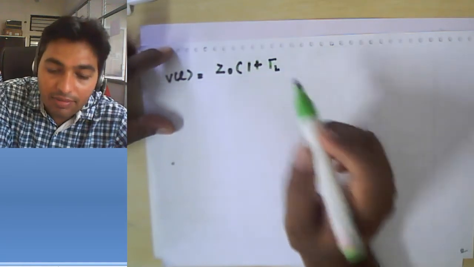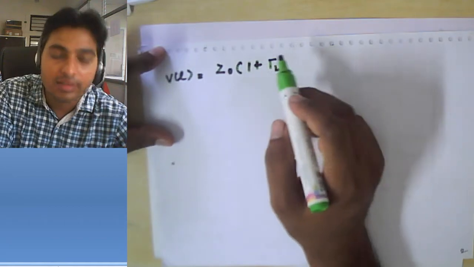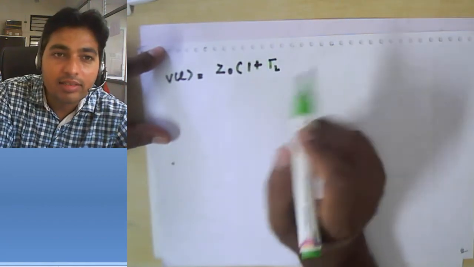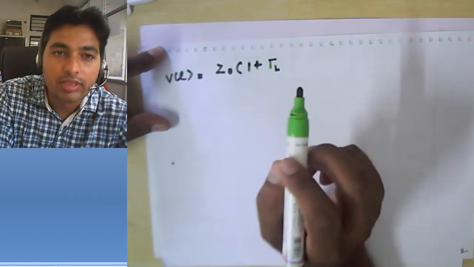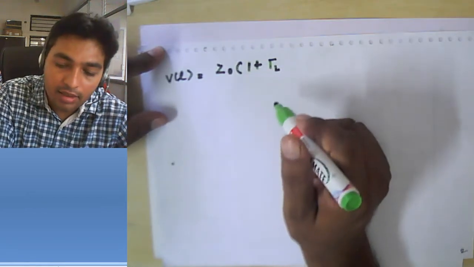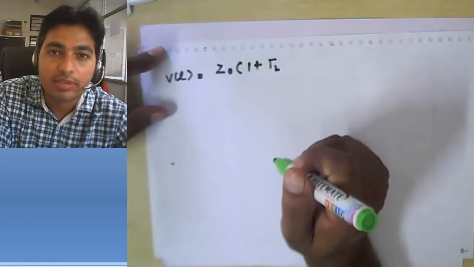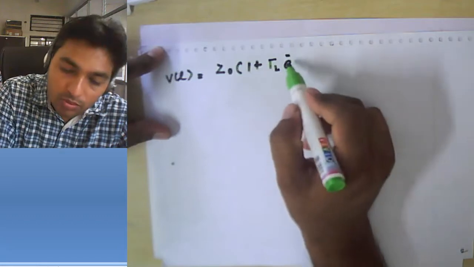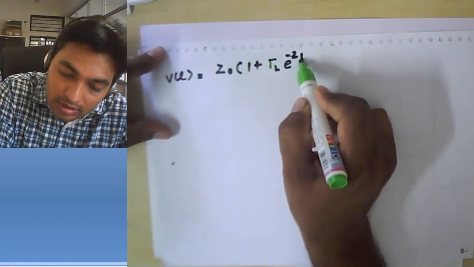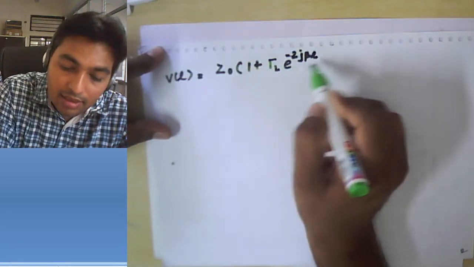The capital gamma L is the reflection coefficient at the load, where L is equal to 0, where we were taking the load point as our reference point, into e raised to minus 2 j beta l.